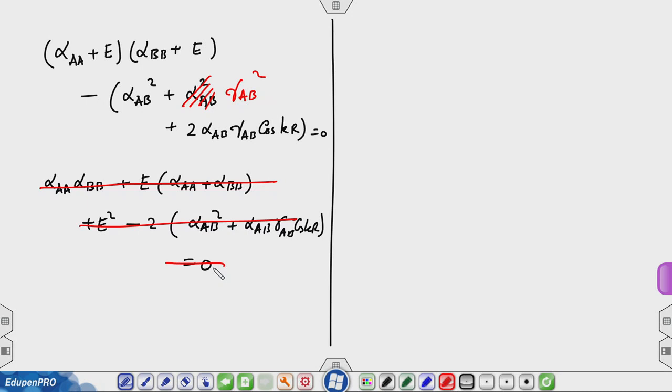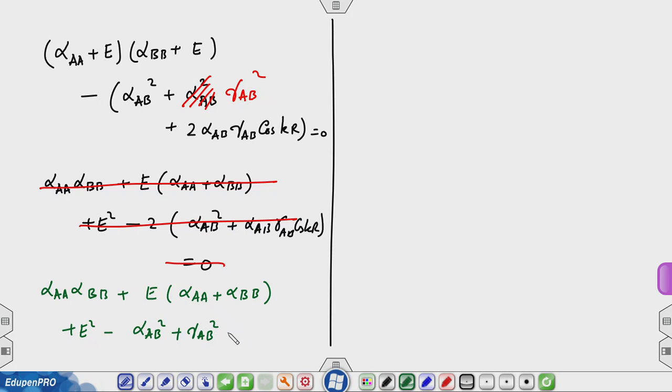The correct equation is alpha A A alpha B B plus E (alpha A A plus alpha B B) plus E square minus (alpha A B square plus gamma A B square plus 2 alpha A B gamma A B cosine k R) equal to 0.